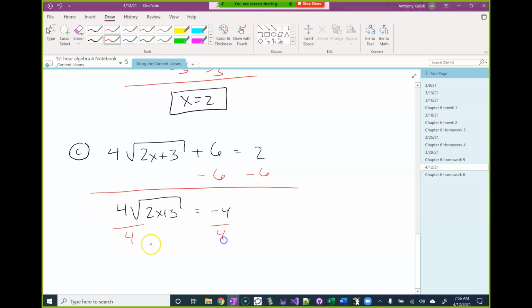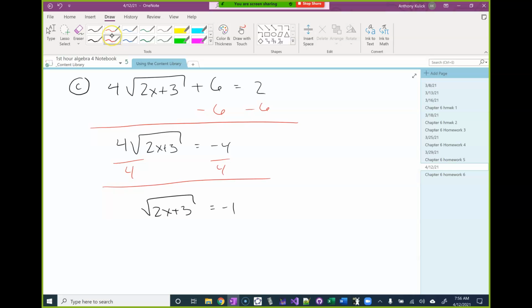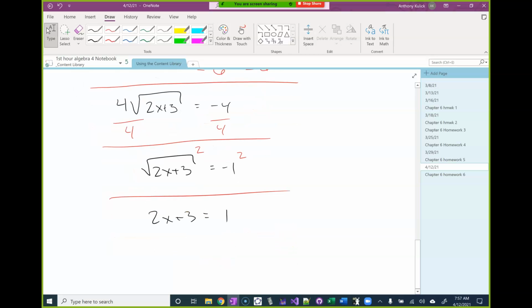So we'll start by isolating the radical here. And then if we square both sides, we get 2x plus 3 equals 1.